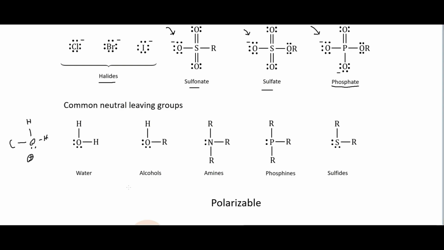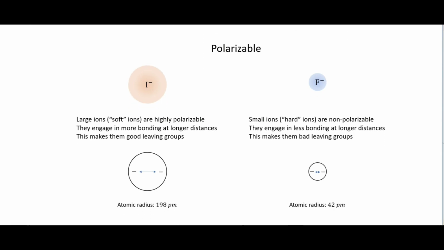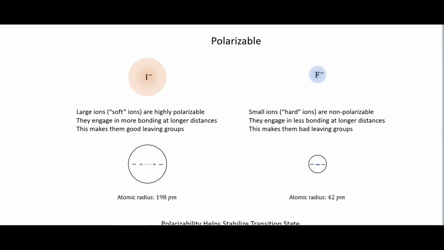So water, alcohols, and amines, when bound, would be positively charged because we'd have a bond going right there. So phosphides and sulfides. And again, the polarizability is going to make these better leaving groups.